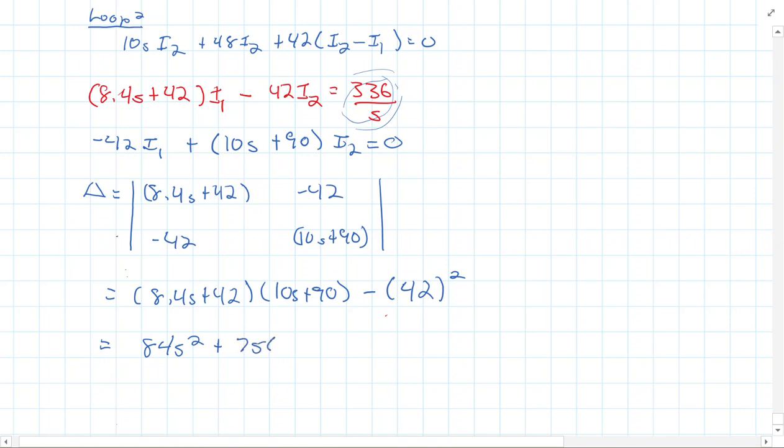Plus 756 s plus 420 s and then 90 times 42 plus 3,780 minus 42 squared, 1764.